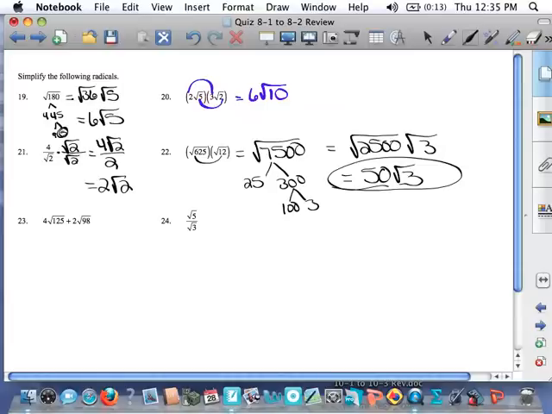Look at 23. They don't have the same radicands. If they don't have the same radicands, you cannot add them together. Now, 125 is 5 to the third. So I have 4 times, actually, I want a perfect square, so that's 25 times 5 plus 2, square root of 49 times 2. 25 and 49 are perfect squares, so you can bring those out.